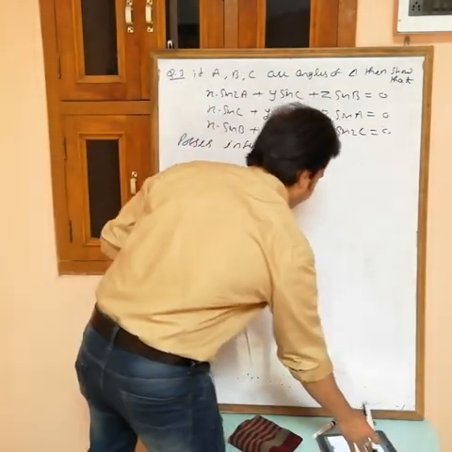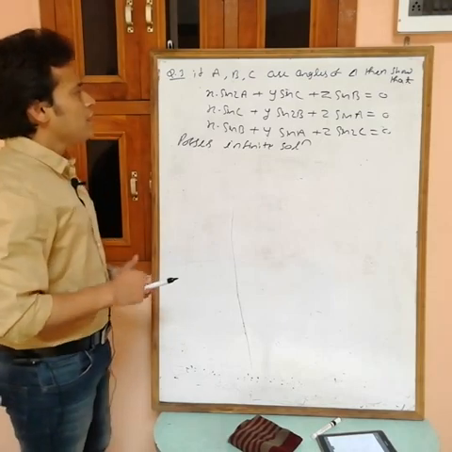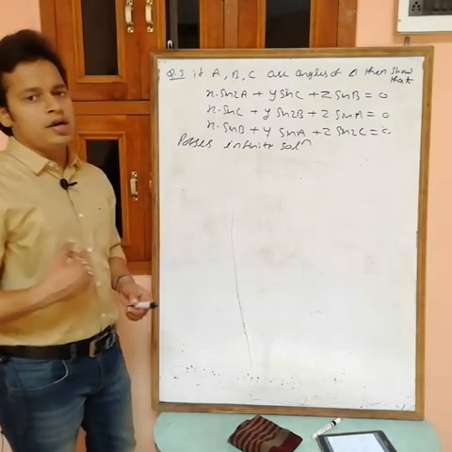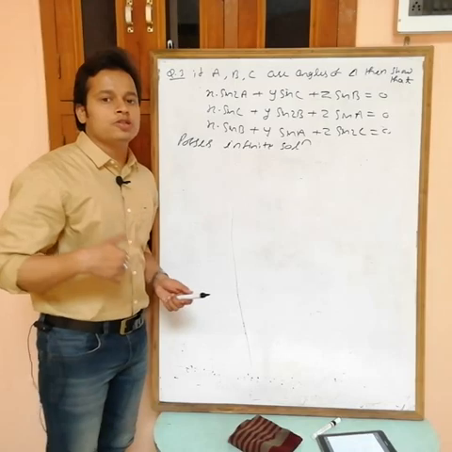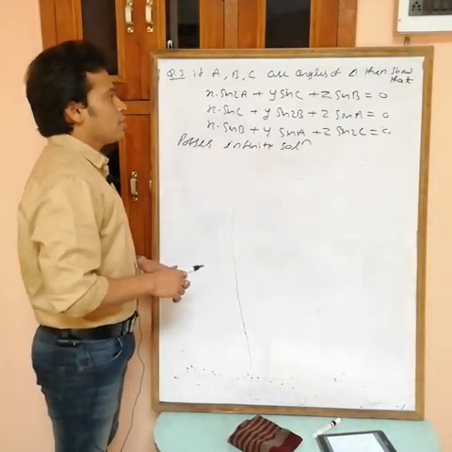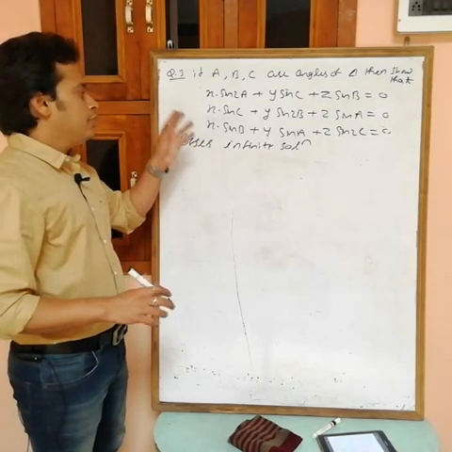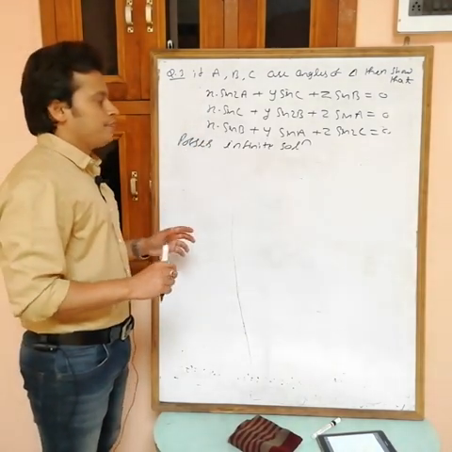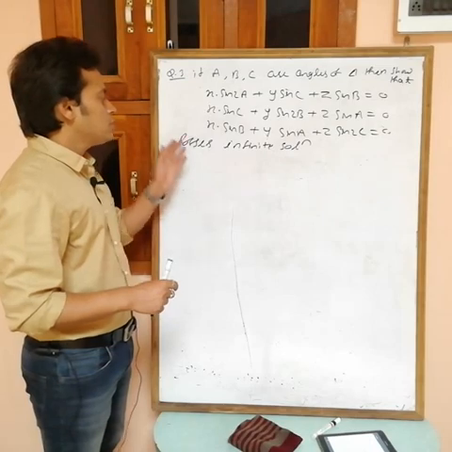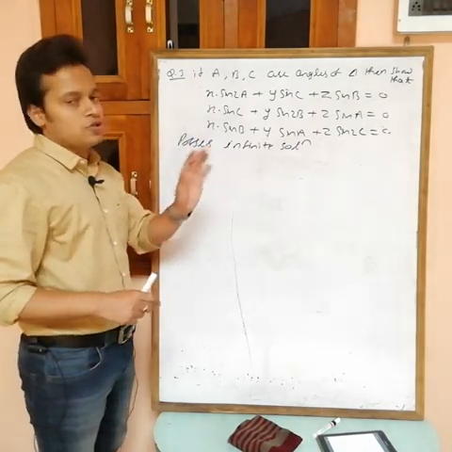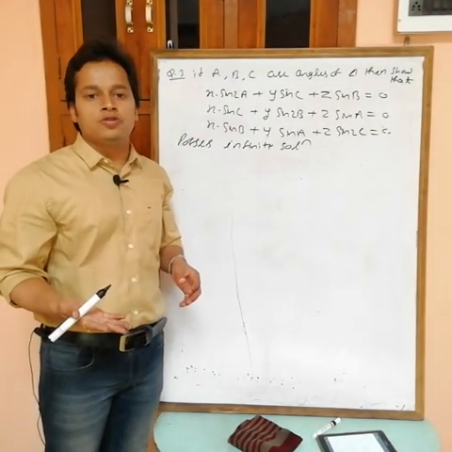Okay, see. If ABC are angles of a triangle, it means A plus B plus C equals pi. Then show that this homogeneous system of equations has or possesses infinite solution. Okay, what is the condition of infinite solution?